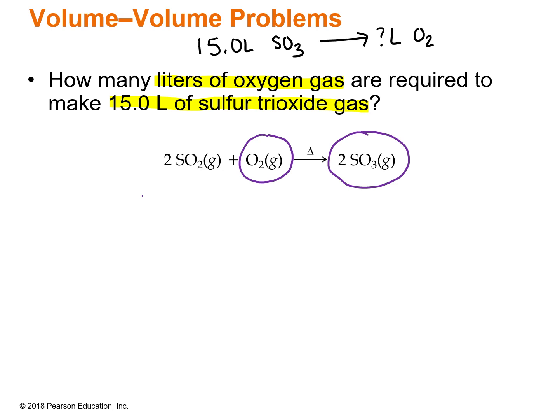There's no coefficient in front of the oxygen, so we write that as 1. Two liters of sulfur trioxide. Then the reciprocal.